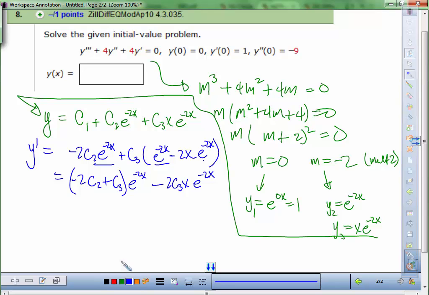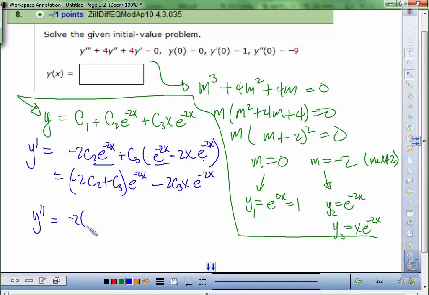Okay, and then we need to take one more derivative. Y double prime is equal to, let's see. So this whole thing is a constant.